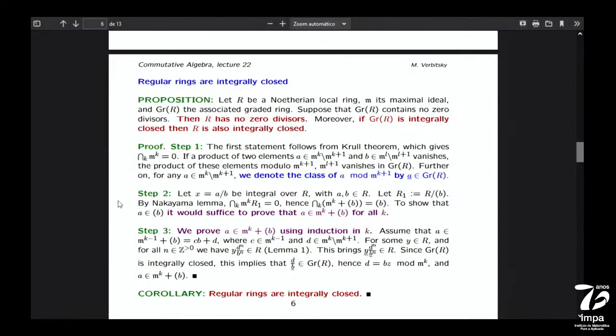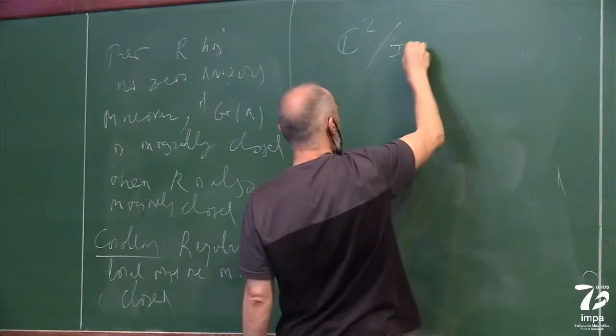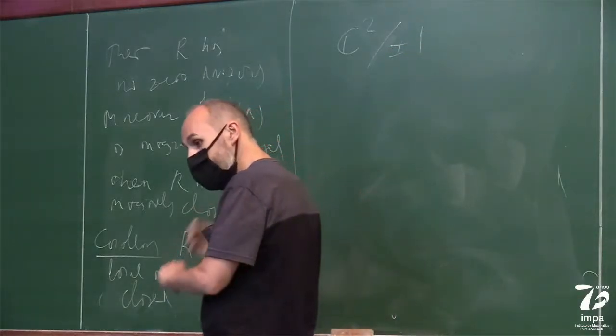So an example is this. We're interested in this variety, C squared quotient by plus minus 1. We have discussed that.